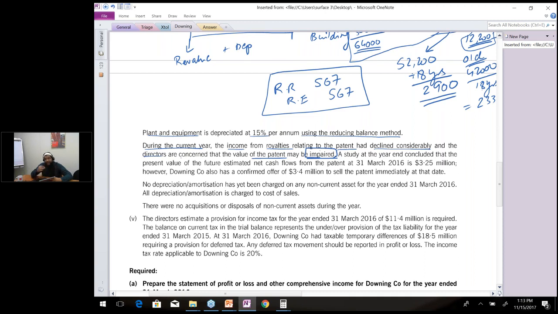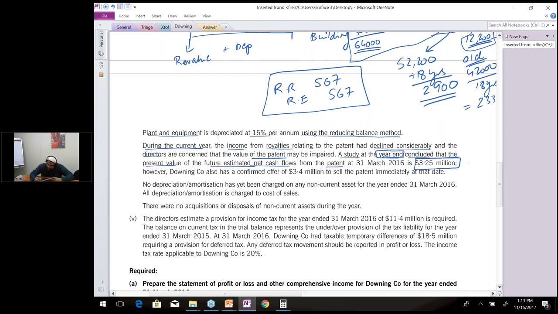Now the question is going towards IAS 36. A study at the year end concluded that the present value of the future estimated net cash flows from the patent is 3.25 million.